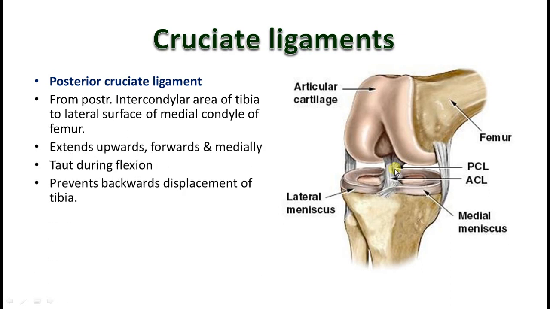It is very tight during flexion and extends upwards, forwards and medially. Like this it is coming. It prevents backward displacement of the tibia or forward displacement of the femur.